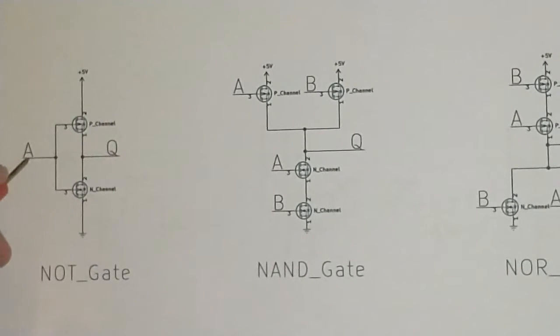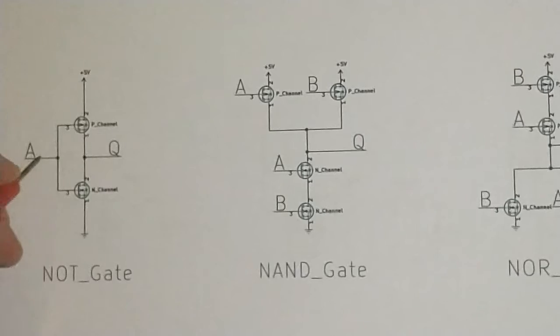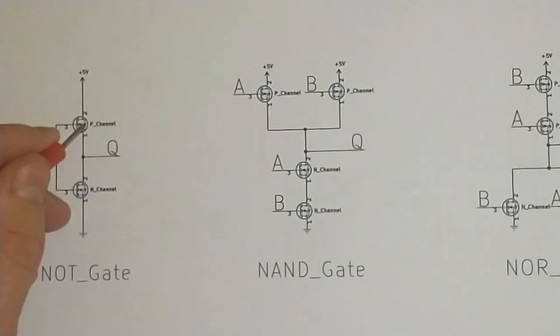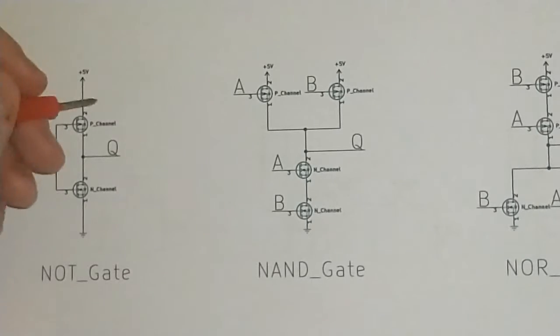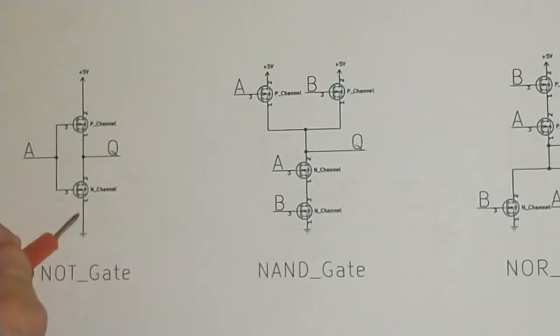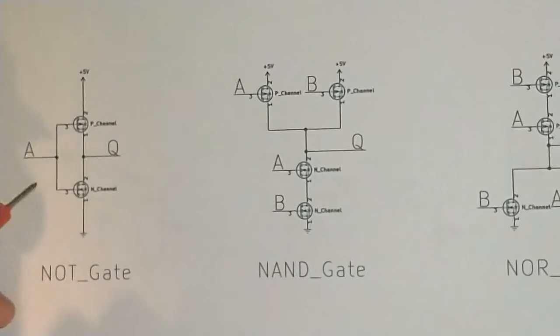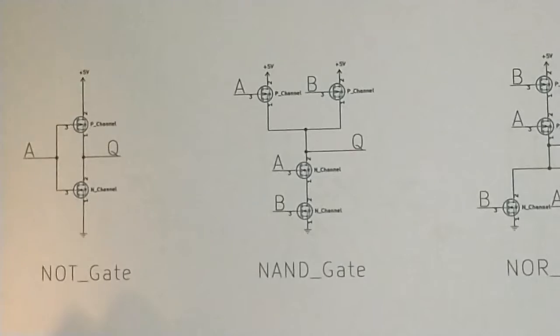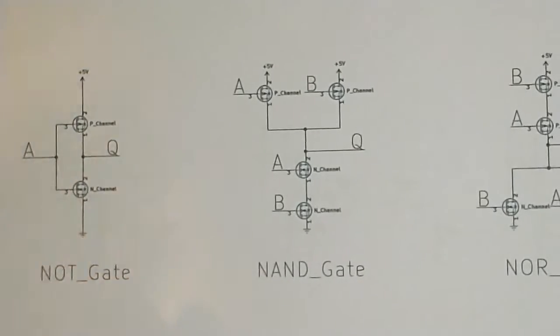when you put a high state on this input, that means this P-channel MOSFET is not gonna be conducting anymore, and this N-channel MOSFET is gonna be basically connected to ground, which means there is gonna be low on this. So yeah, that's how a NOT gate works.